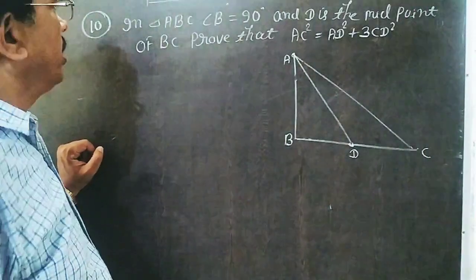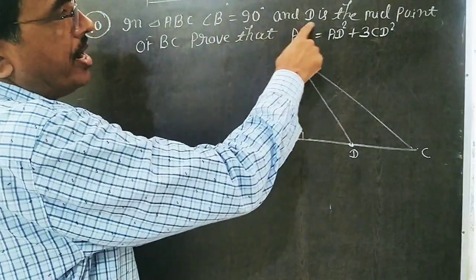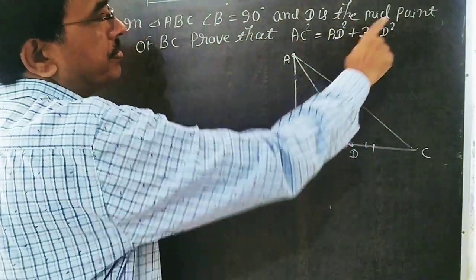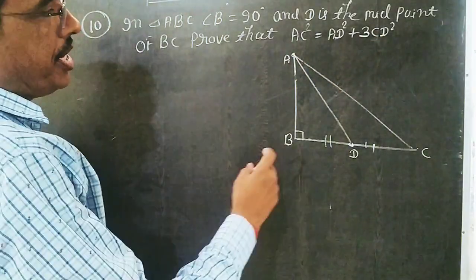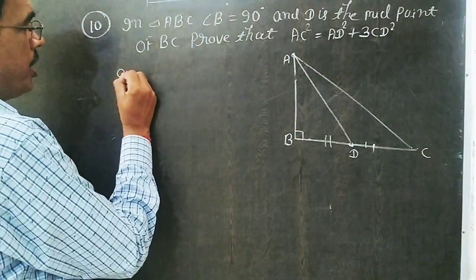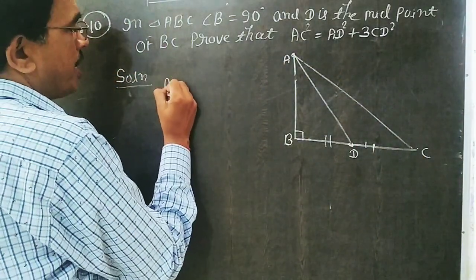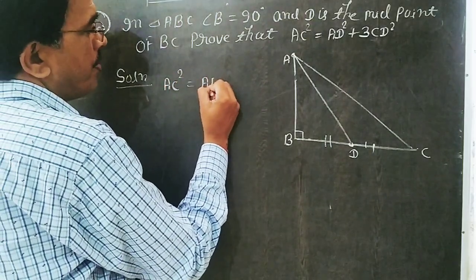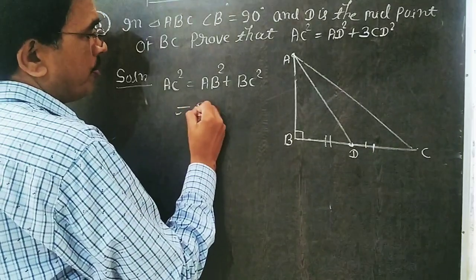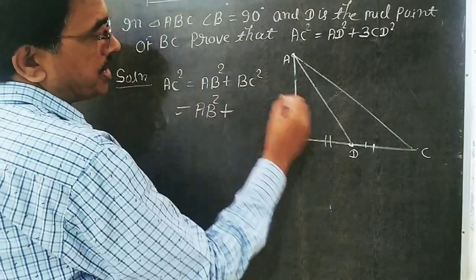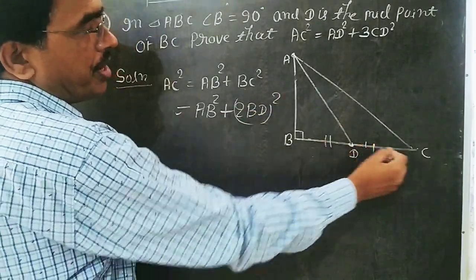Now question number 10: in triangle ABC, angle B is right angle and D is the midpoint of BC. Then prove that AC square is equal to AD square plus 3CD square. So it is a right angle triangle. You can easily find the value of AC, and this AC square is equal to AB square plus BC square, and this BC you can write as 2BD because D is the midpoint of BC.